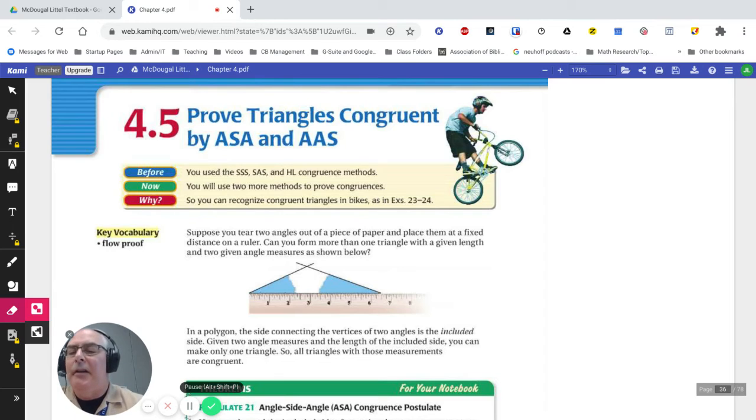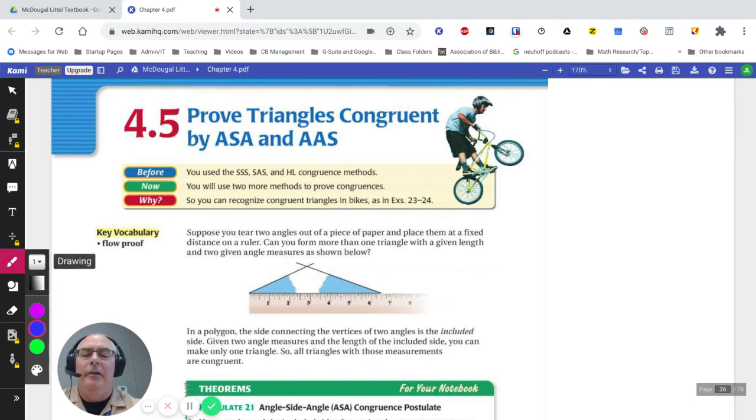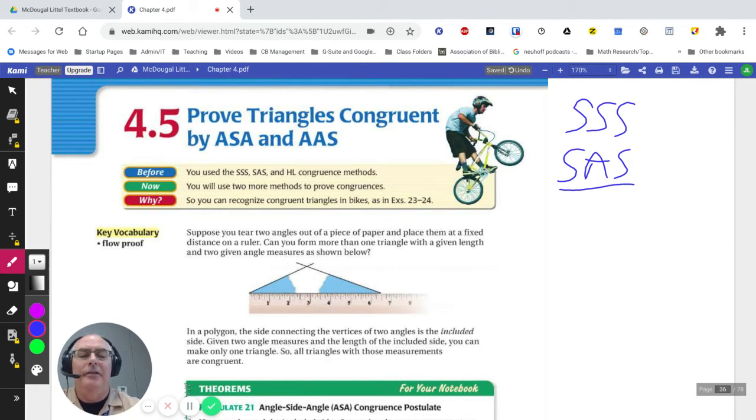As we continue on into lesson 4.5, what we're going to do is add a couple of additional ways to prove that triangles are congruent. So we started with knowing that side, side, side triangles are congruent. Side, angle, side triangles are congruent. The angle is the included angle between the two sides.